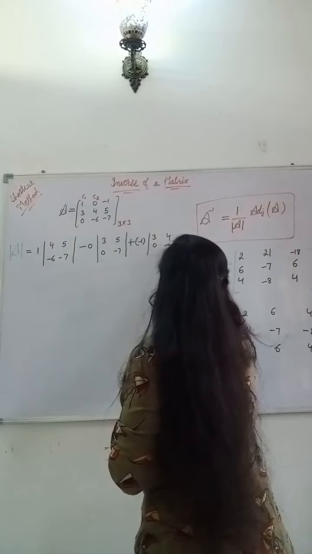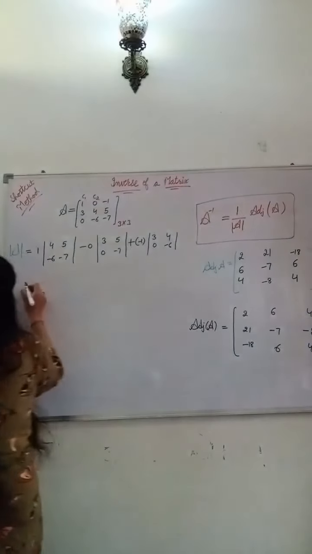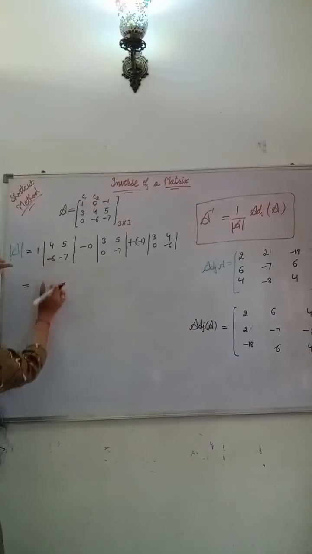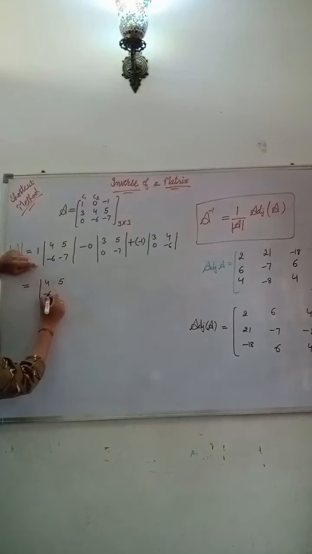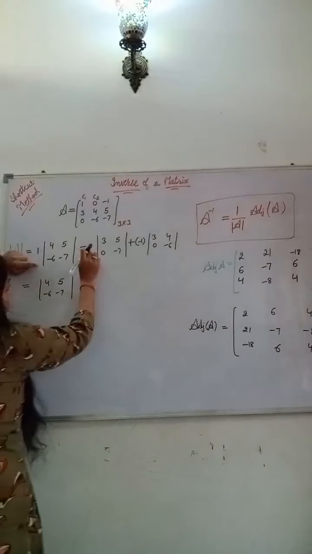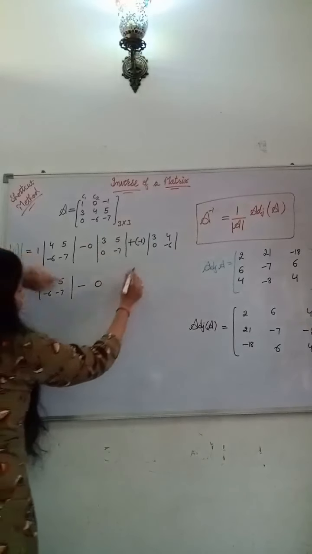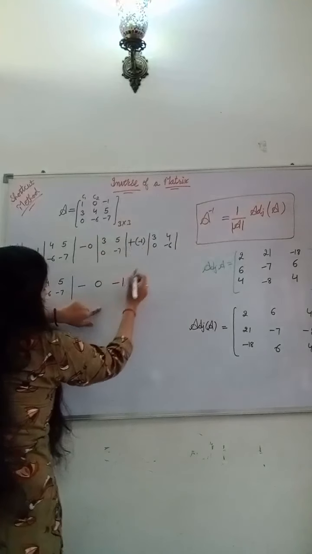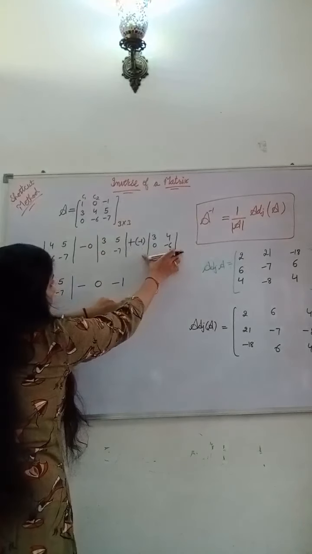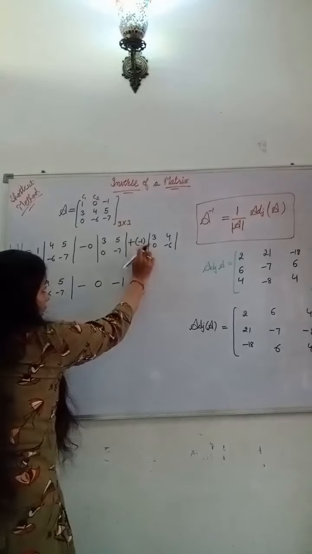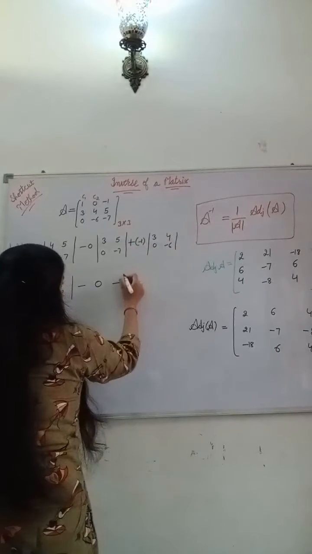Now solve it. 1 into this determinant will give me the same determinant, minus 6, minus 7. Now when I multiply 0 with this determinant, I will get 0. Now plus minus, minus. When I multiply this 1 with this determinant, I will get the same determinant, that is 3, 4, 0, minus 6.